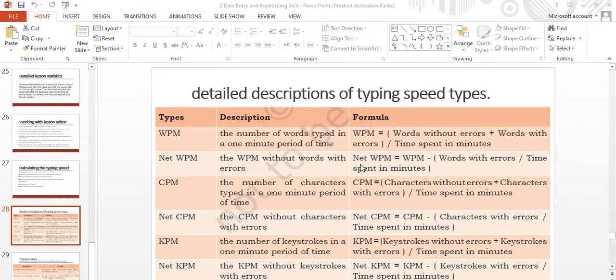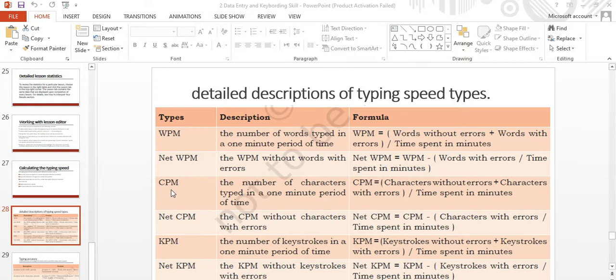The formula for net WPM equals WPM, which we have calculated, minus words with errors, divided by the time spent in minutes. Like that we are calculating net WPM.